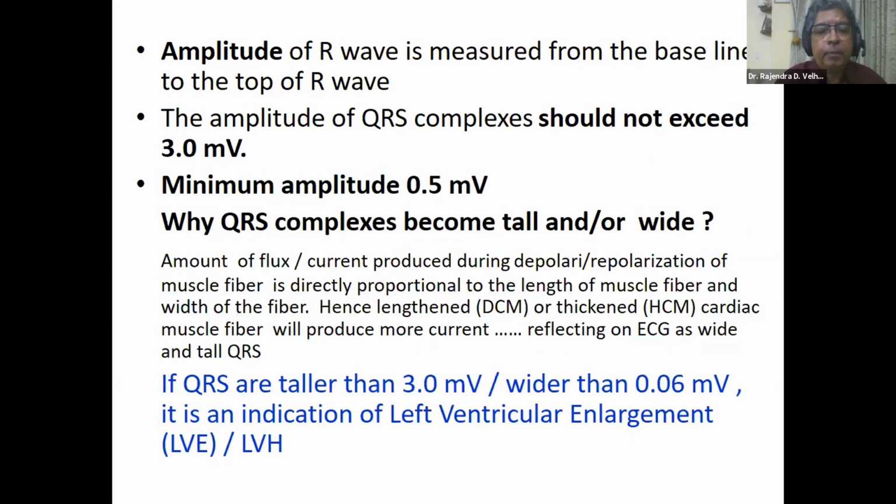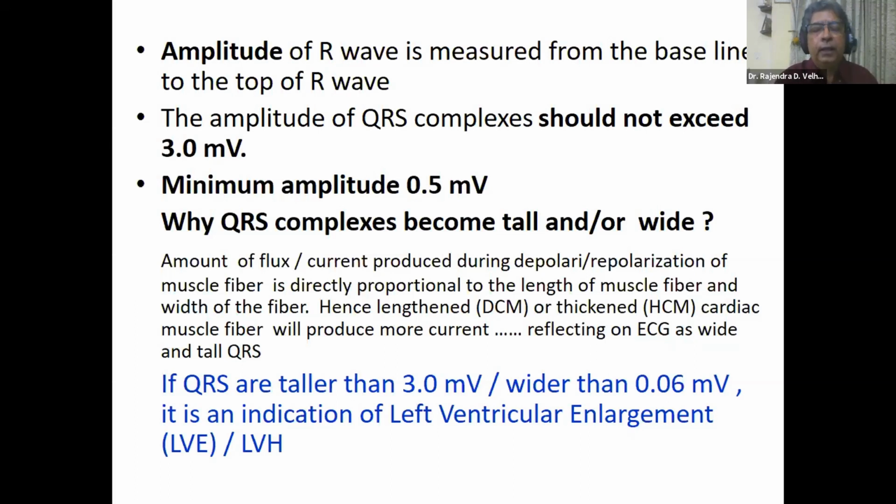If the QRS complexes are taller than 3 millivolt, then it is considered as left ventricular enlargement. And if they are smaller than 0.5 millivolt in amplitude, they are considered as low amplitude QRS complexes or diminished QRS complexes.